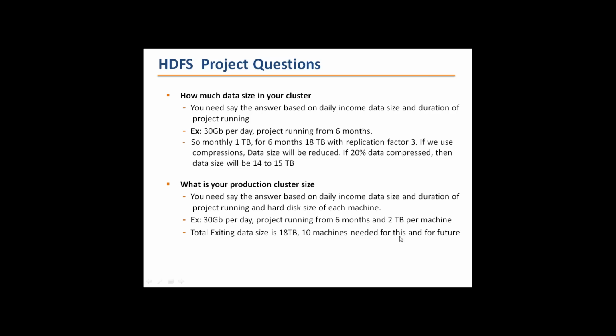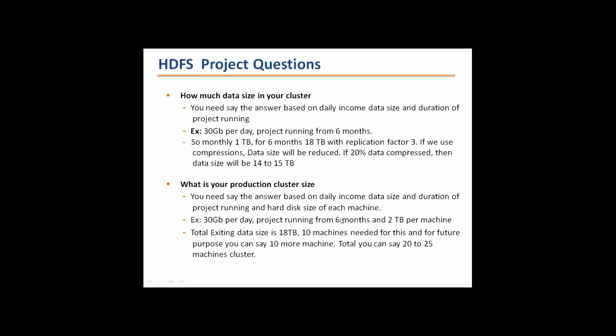And for the future: till now we are running the application and we have the capacity, but what about the future? I want to continue the application for 6 months or 1 year. From that point of view, I can say 10 more machines. So in total I can say I have a cluster of 20 to 25 machines. This is one example.